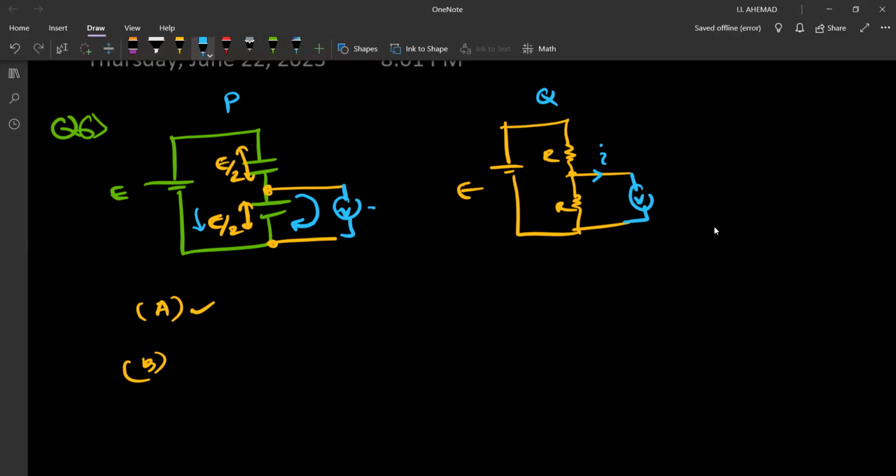So how about statement B? That is also correct. So statement C, we know that if it is an ideal voltmeter, then the current flow through it is 0. Then there is no current flow. That means both of them have to give the same reading. So that is also correct. Therefore, the fifth answer.